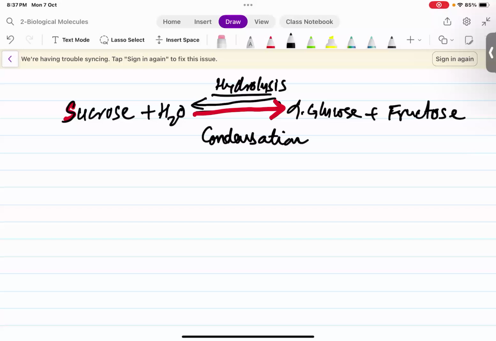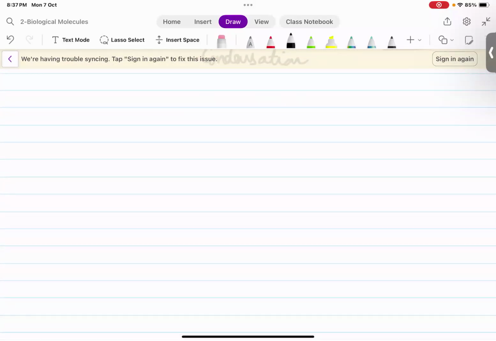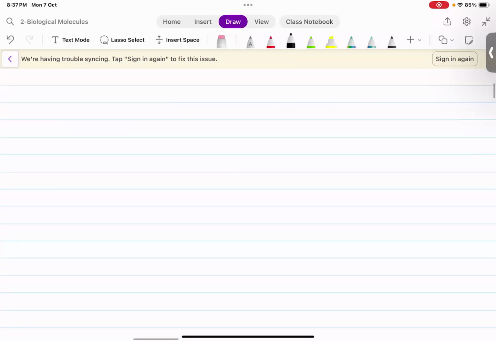So let's see the structure of fructose. Fructose, as I said, is a hexose sugar too, but it has a different structure than the other hexose, which is alpha glucose. Alpha glucose, you already know, is a hexagonal sugar.